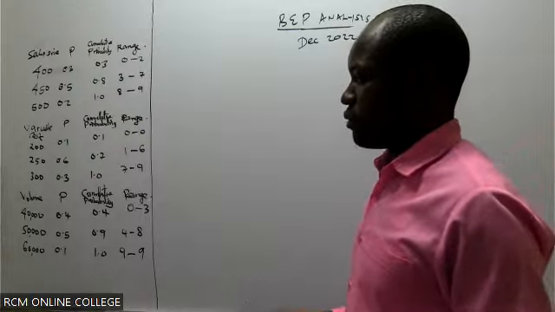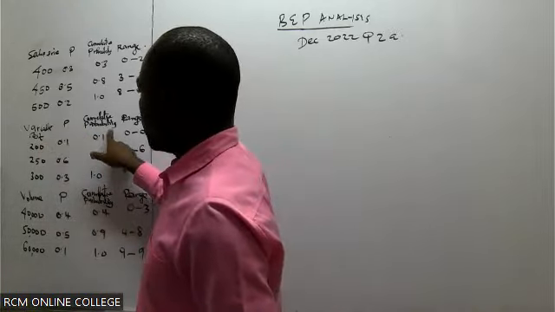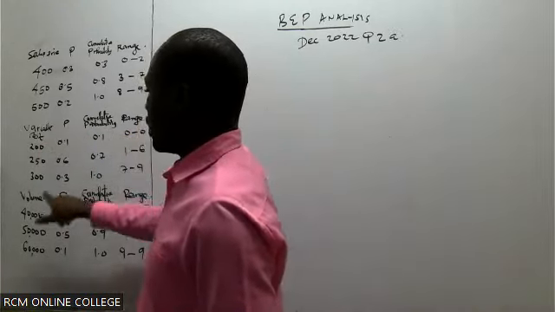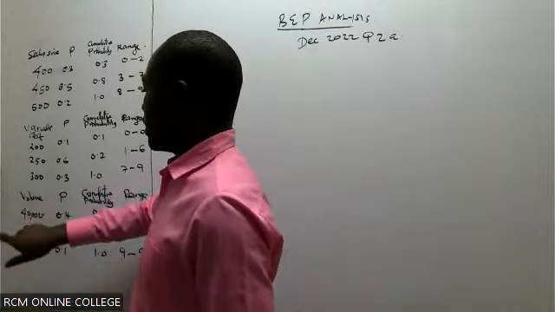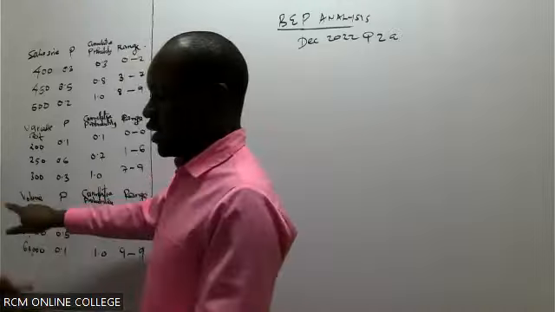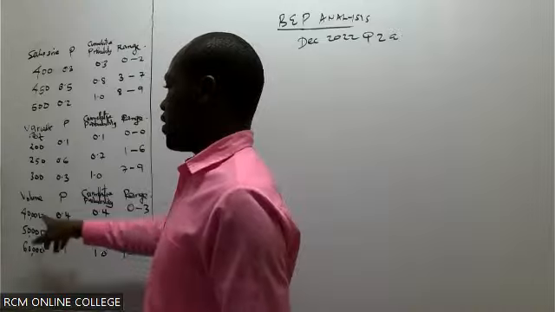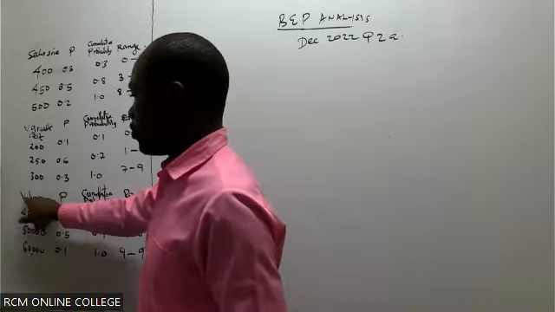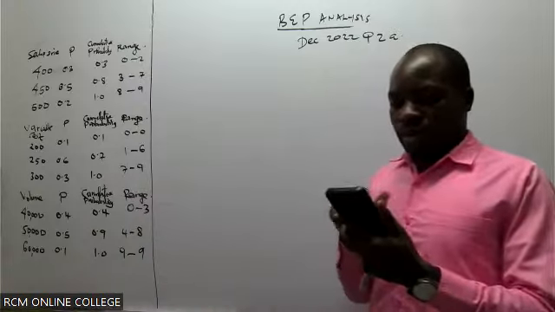After variable cost, we have probability, cumulative probability, then range. Then this one here is volume. Or you can indicate the word quantity. It is basically what we have in the last column, annual sales volume, which are given in units. So you can give us the quantity, whichever, but basically referring to the units.